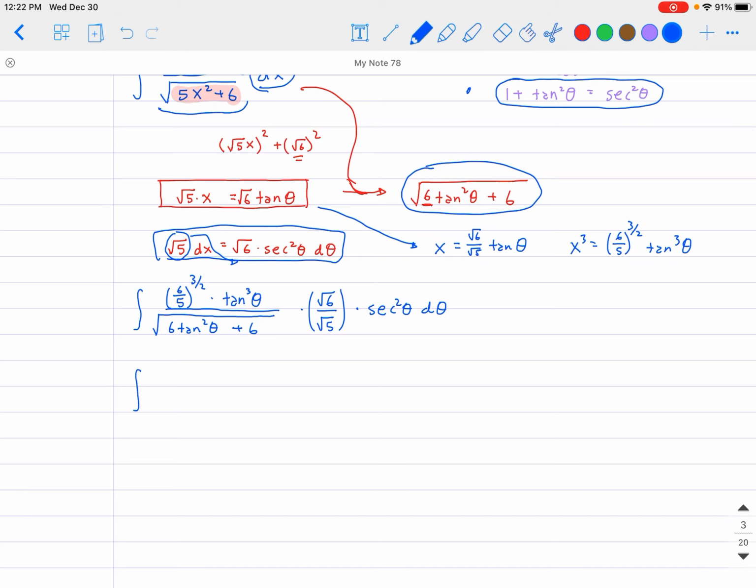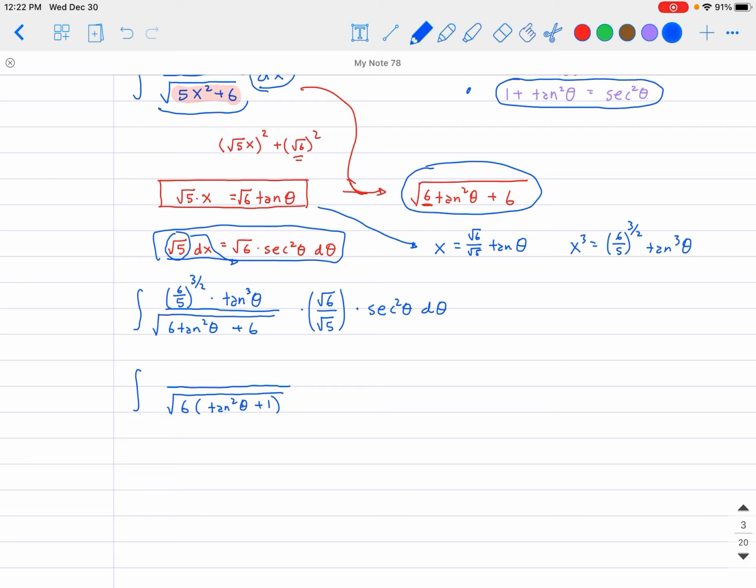Let's see. So that's going to be the integral. The bottom part, as much as I hate to do it, we've got to take care of it soon. Actually, no, I'm going to go ahead and take out the 6 part, okay? And then that's going to give me the tangent squared of theta plus 1.